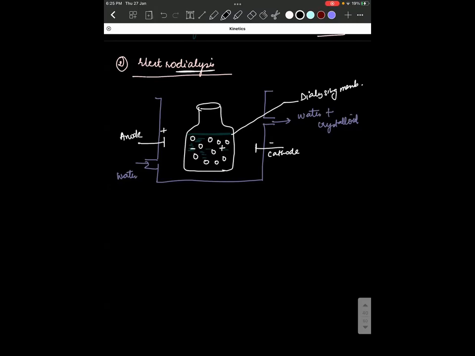Here we have these sol particles, and along with them we will have the crystalloid. And this whole beaker will be filled with water. Understood? Now what do we need to write in this?